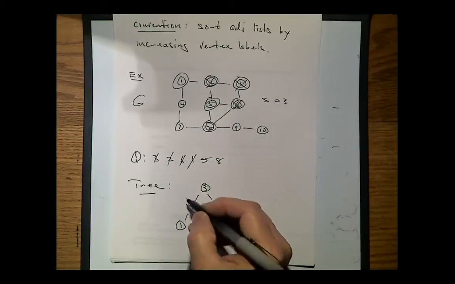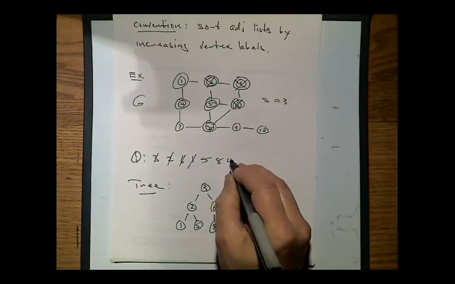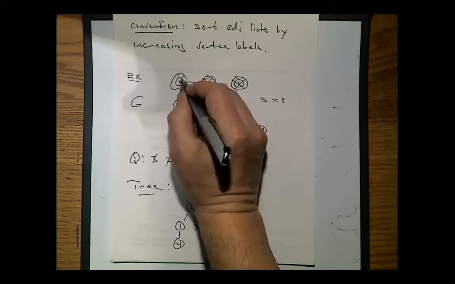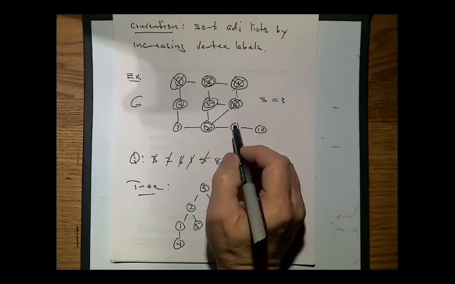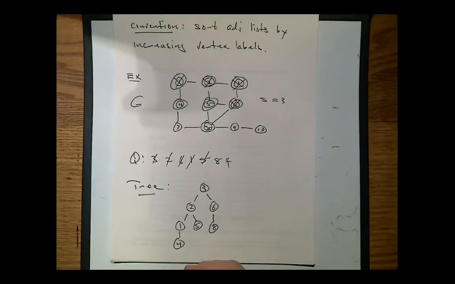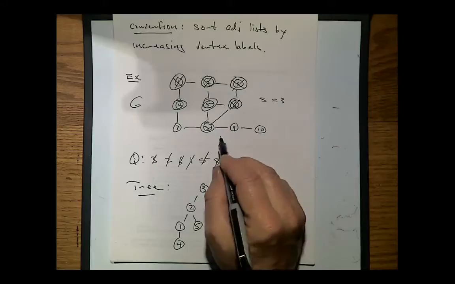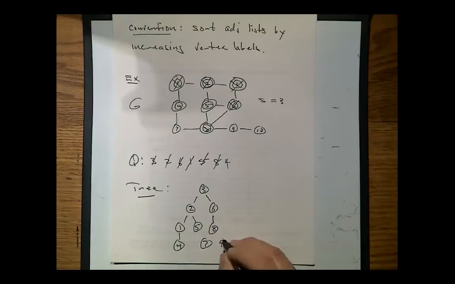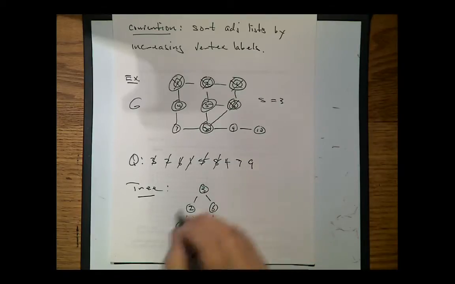Next thing in the queue is 1. Its undiscovered neighbor is 4. It becomes gray, 1 becomes black. Next thing in the queue is 5. It has no undiscovered neighbors. It's just gone, doesn't have any children. Next thing is 8. 8 has 2 undiscovered neighbors, 7 and 9. I didn't leave anything out of there, did I?